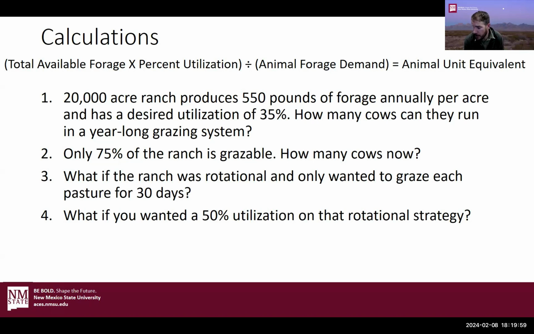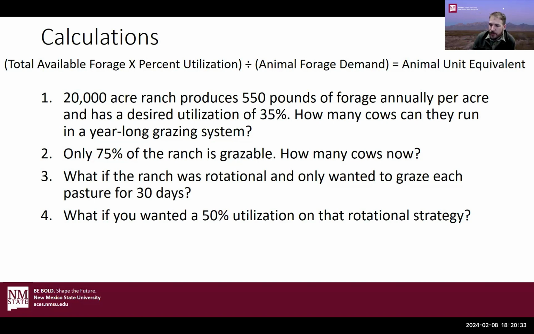Technically, in that kind of grazing system, you can graze heavy as long as it has adequate rest to grow back. We want a 50% utilization this time because of the timing we're going in on that rotational strategy. So how many cows could you put on there if you substitute 35% for 50% utilization? Where would you plug that into the equation to get your numbers?